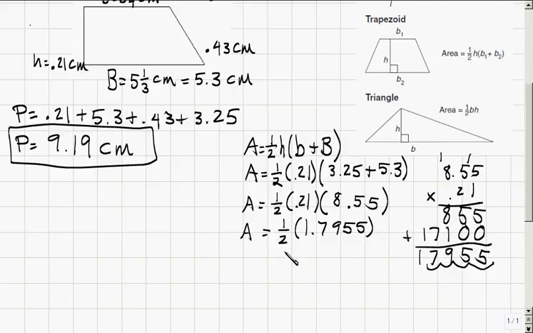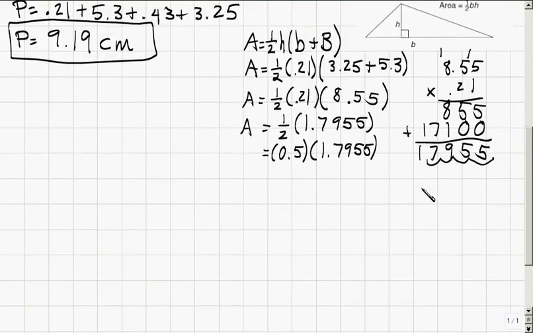Next, let's multiply that by 1/2 for our answer. To multiply by 1/2, we'll convert 1/2 to a decimal. We may recall 1/2 is the same as 0.5, and multiply that by 1.7955. Again, let's use long multiplication. 5 times 5 is 25. Carry the 2. 5 times 5 is 25 plus 2 is 27.